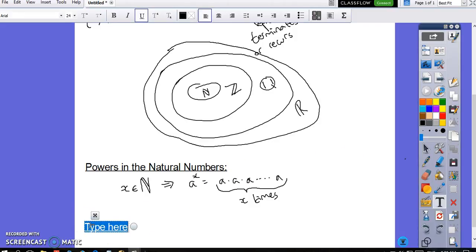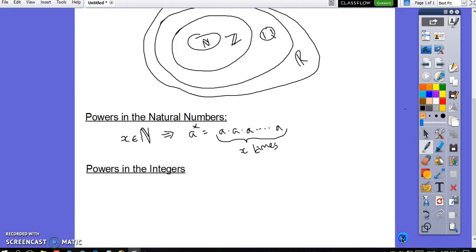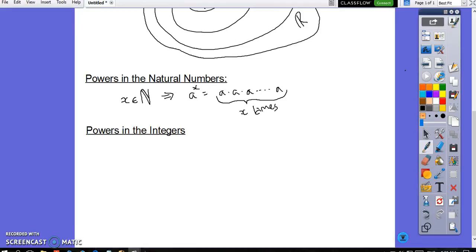Then in this unit, some of you were introduced to powers in the integers. Some of you were comfortable with them already. So, if we have x as a negative number, then this means that a to the x is 1 over a to the absolute value of x.